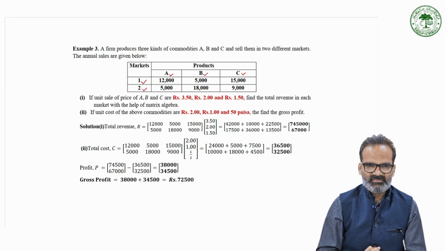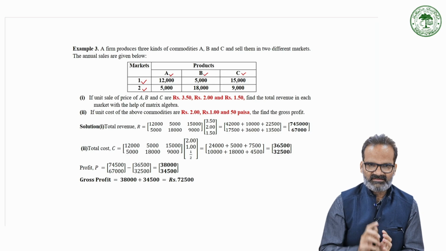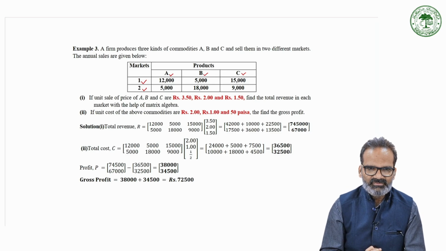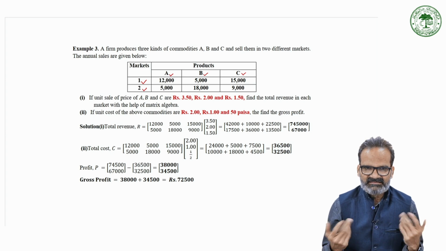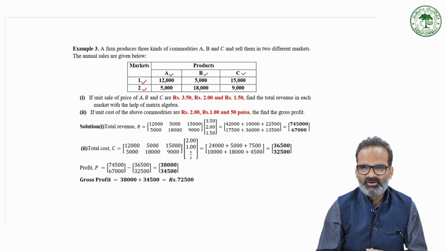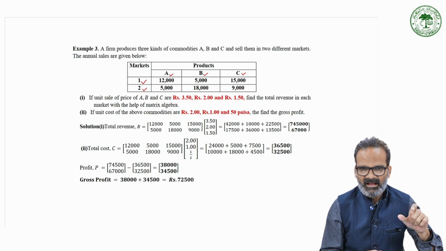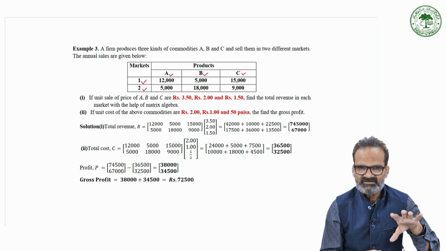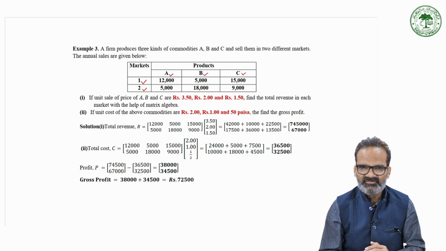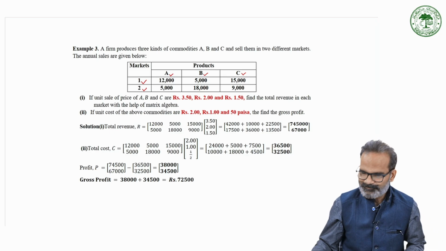This is what we want to determine in case 1, right. 2, if unit cost of the above commodities are given, then find the gross profit. After that in second case, you will have to determine the gross profit. Gross profit means the profit of the firm 1 and then profit of the firm 2. Then we will add up the profits of these 2 firms, that will give you the gross profit.